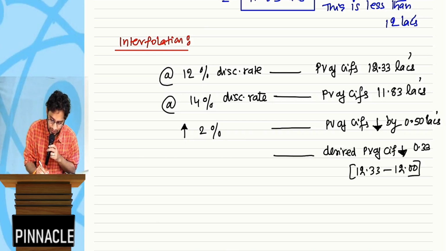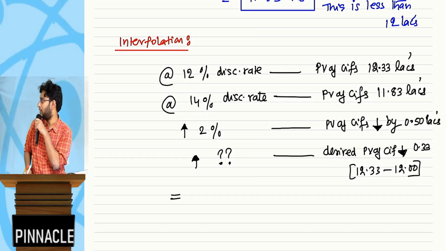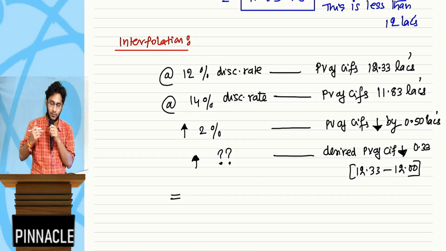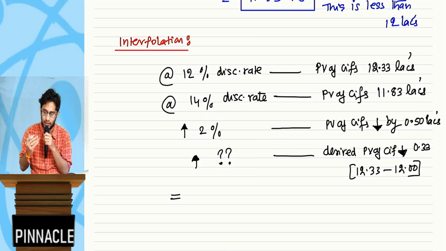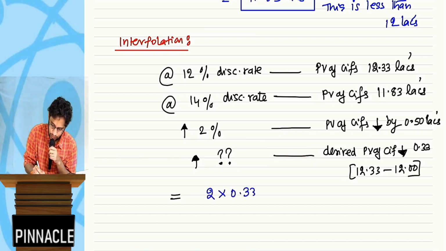If it has to decrease like that, the rate should increase by how much? Cross multiply, sir, cross multiply. For a 0.5 movement, the rate changes 2%. If I want a 0.33 movement, how much increase should happen? Straight cross multiply, don't think much. This into this into this, over answer. So that should be 2 into 0.33 divided by 0.5.